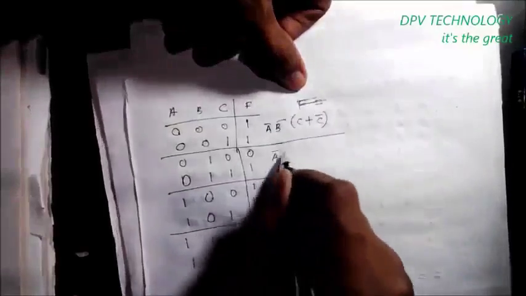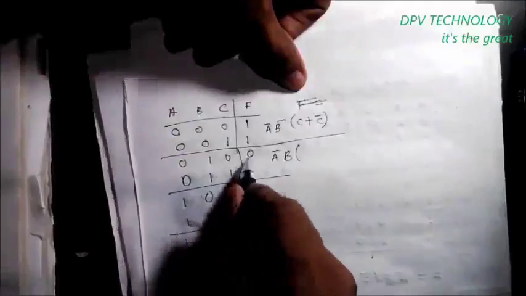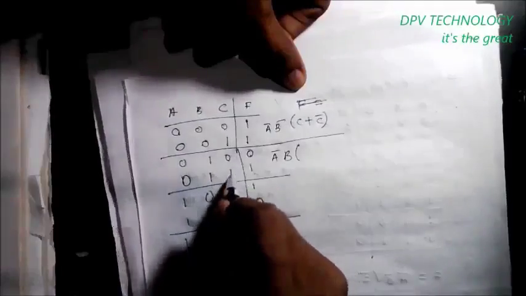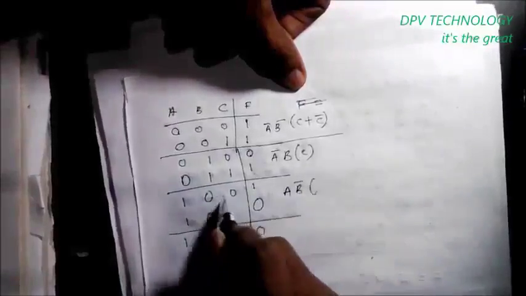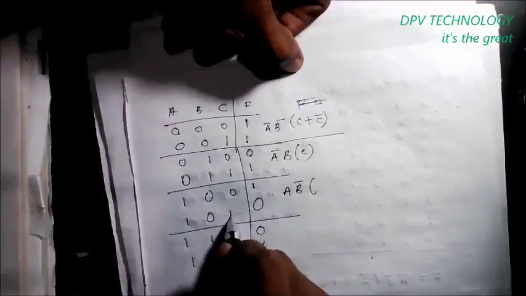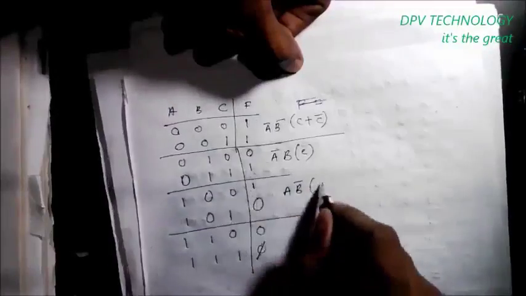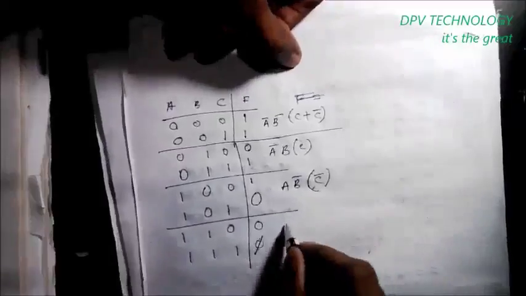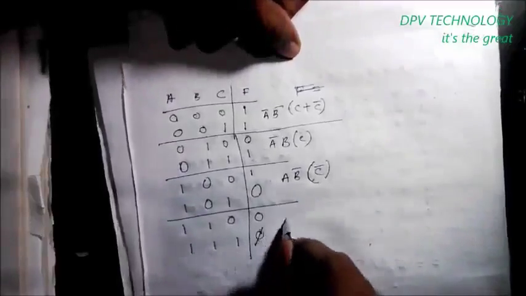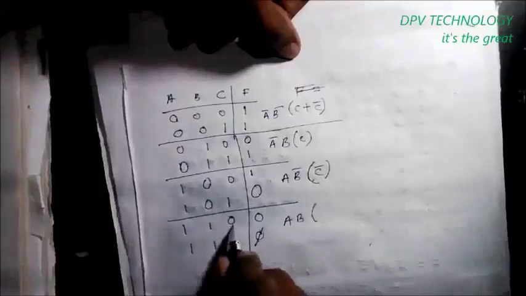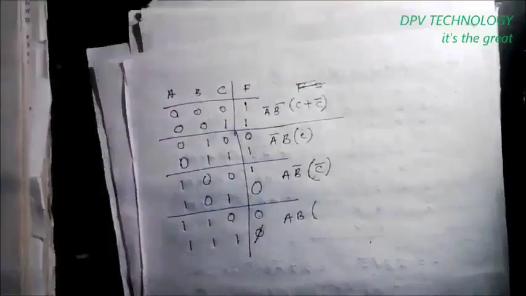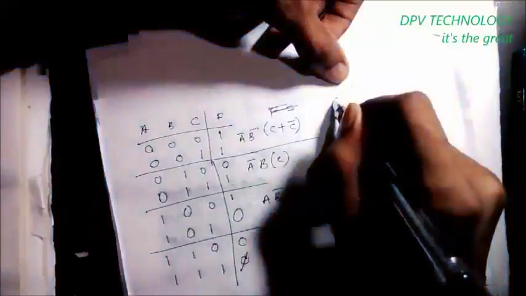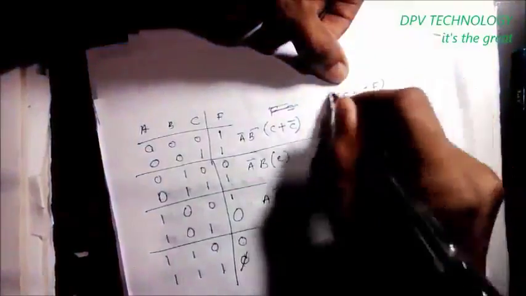Then here A bar B: when C is 0, F is 0, and when C is 1, F is 1, that is, it depends on C. Then here put A B bar: when C is 0, F is 1, when C is 1, F is 0, that is, the function depends on C bar here, so put C bar. Then we have A B here, don't care: when C is 0, F is 0, when C is 1, F is don't care. So for this you put C don't care.